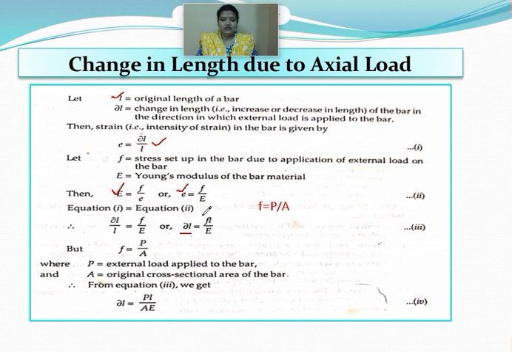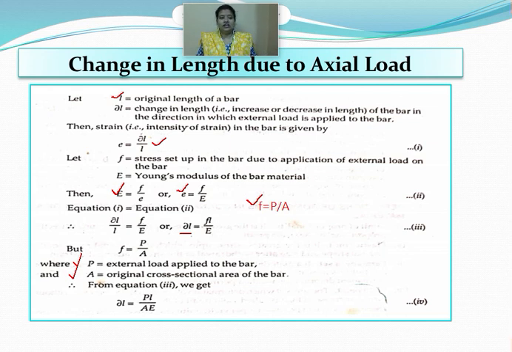Now this F can also be written as P by A. P is your external load that is applied to the bar, and A is the original cross sectional area of the bar.